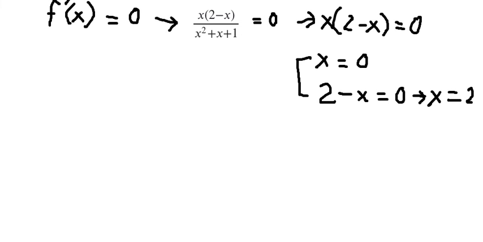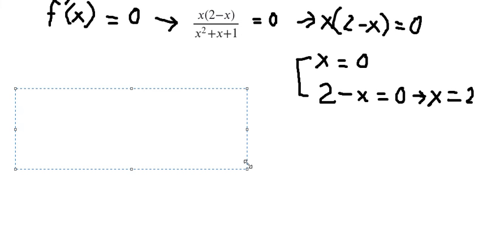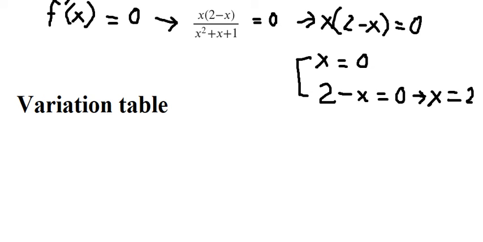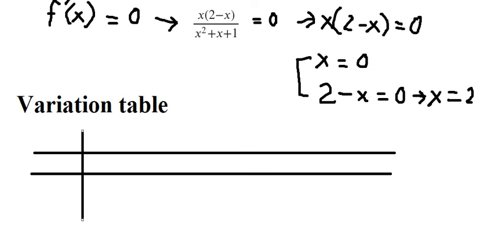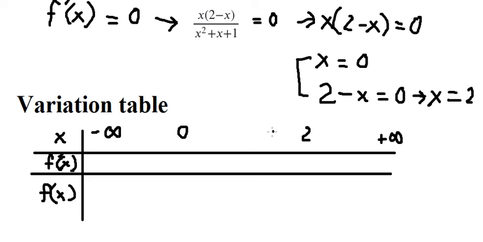In this situation, we can use a variation table. So we put number 2 and number 0 here.